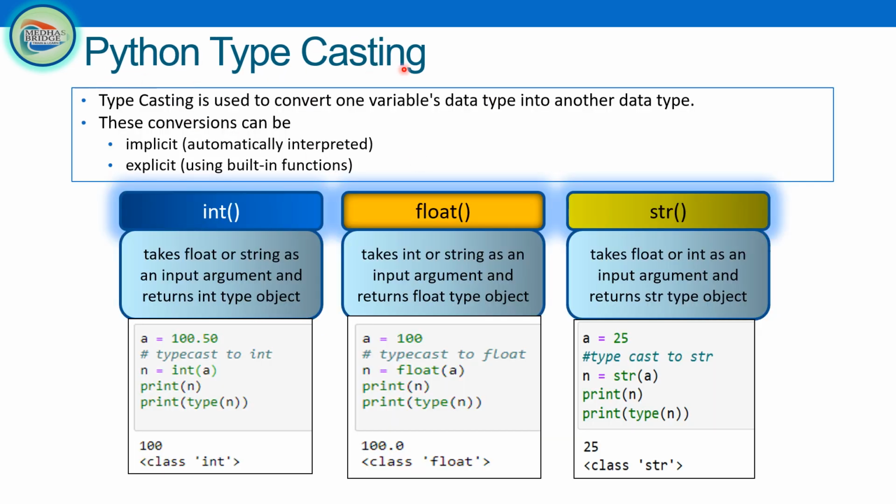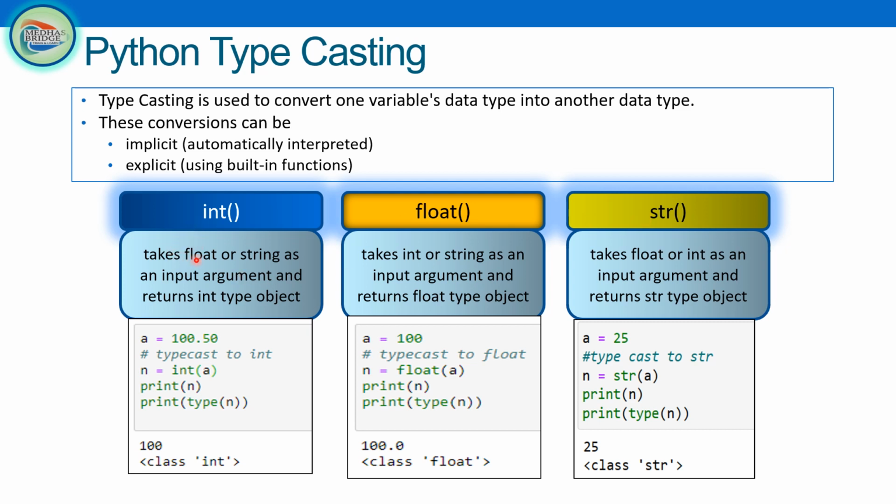Let us look into Python typecasting. Typecasting is used to convert one variable's data type into another data type. These conversions can be implicit or explicit. Implicit, automatically interpreted. Explicit, using built-in functions. Int, float, string.